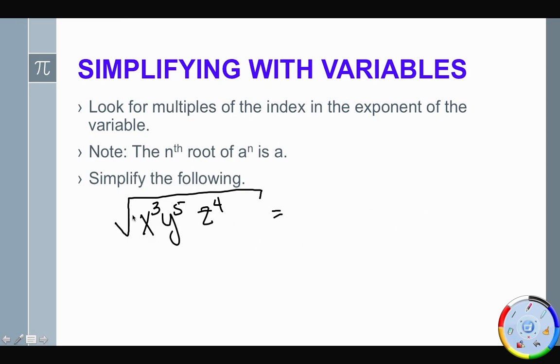And let's look at the square root of this number. I want to think about this as a trick, looking at dividing. So because the index is a 2, if I was to divide 3 by 2, I would get a 1 with 1 remaining.